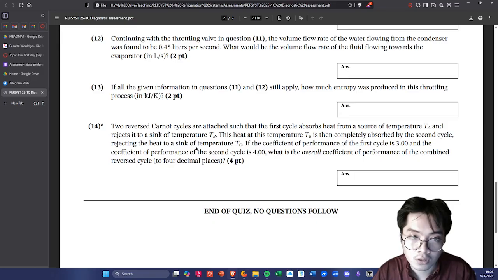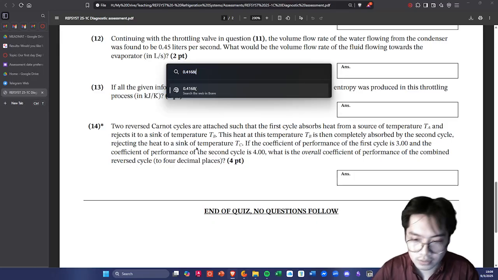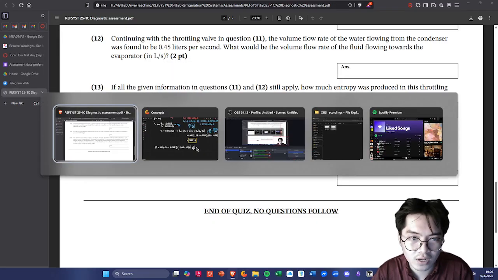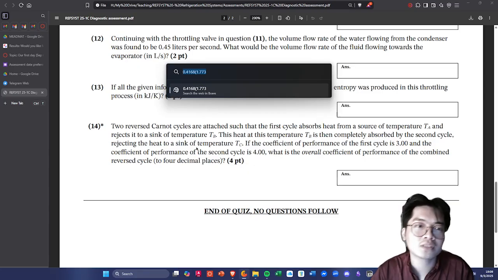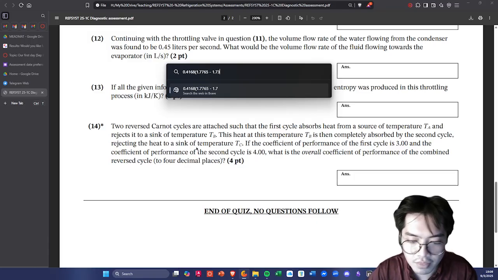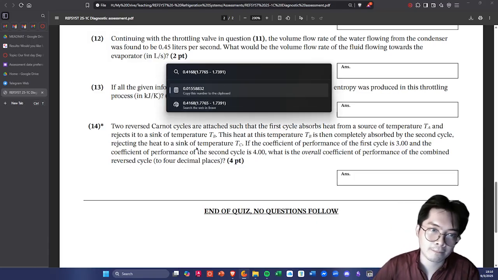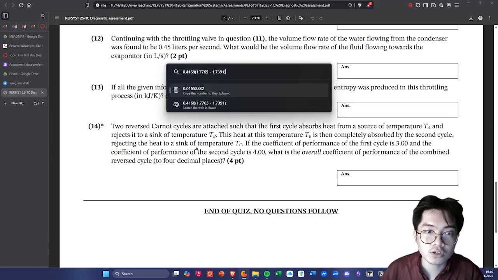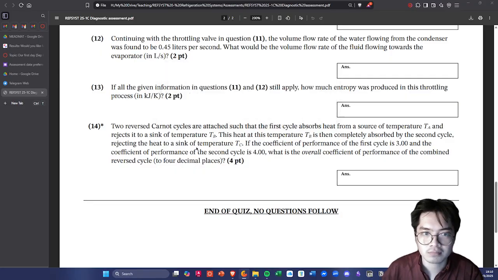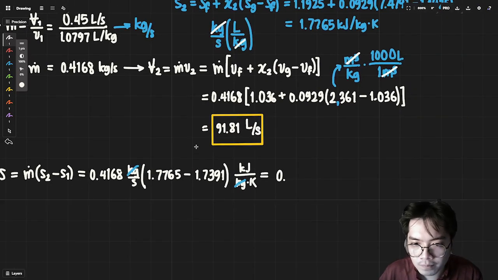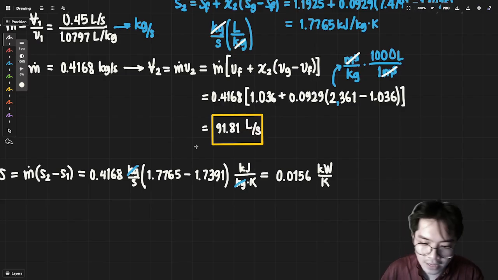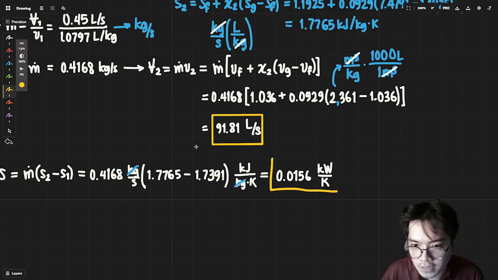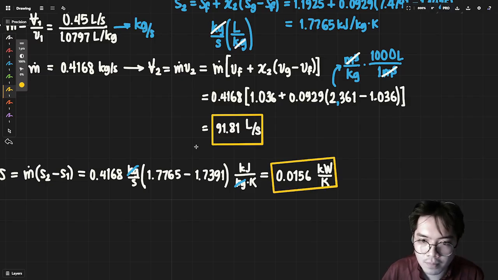There you go, 0.0156. This is supposed to be kilowatt per Kelvin. This is your answer for number 13.